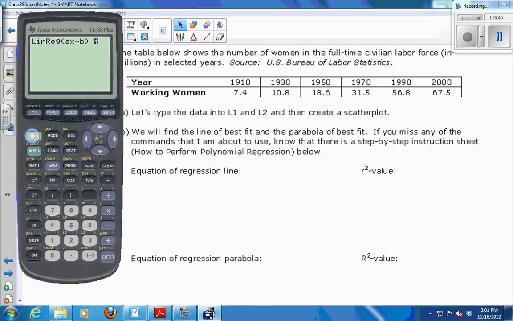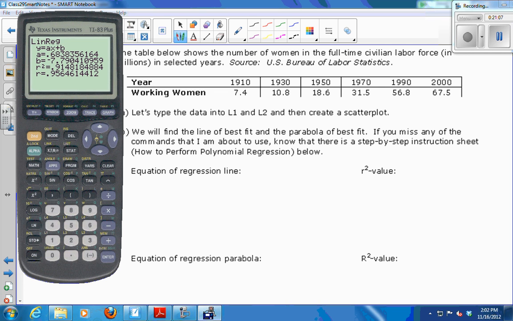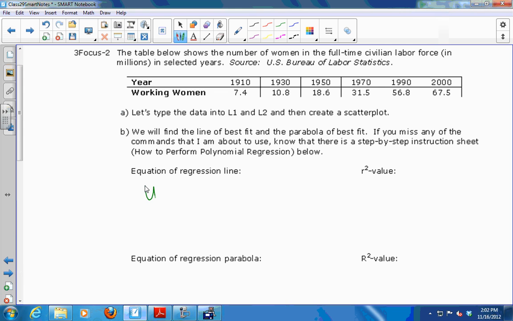And then you type list 1, comma, list 2, comma, y1, and you get y1 from the vars key. Right? Vars, yvars, function, y1. And you hit enter. All right, so I'm going to write down the equation here, and I get y equals 0.68x minus 7.8.